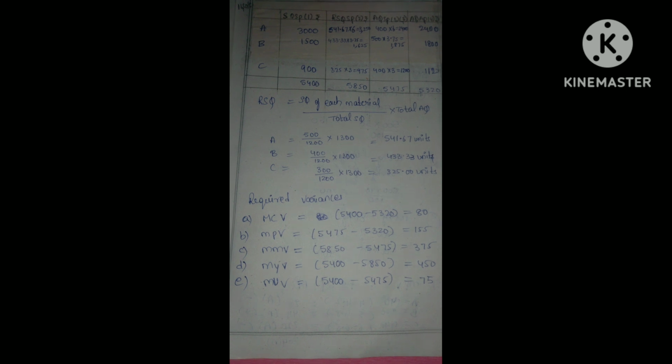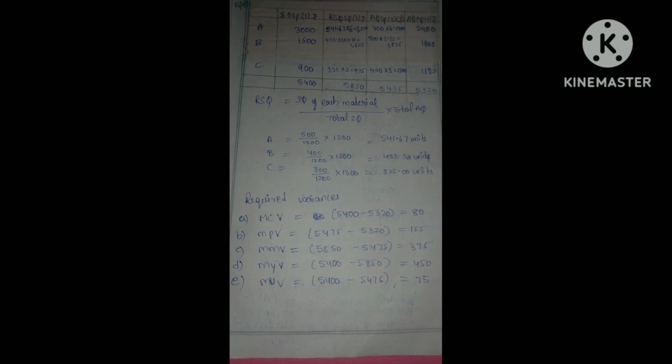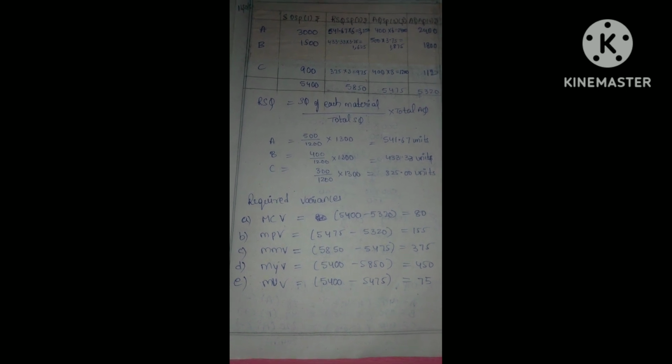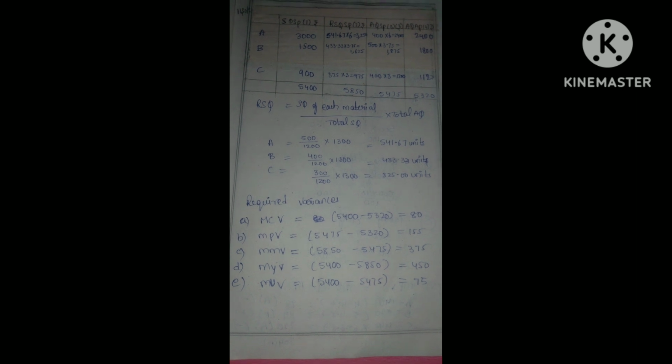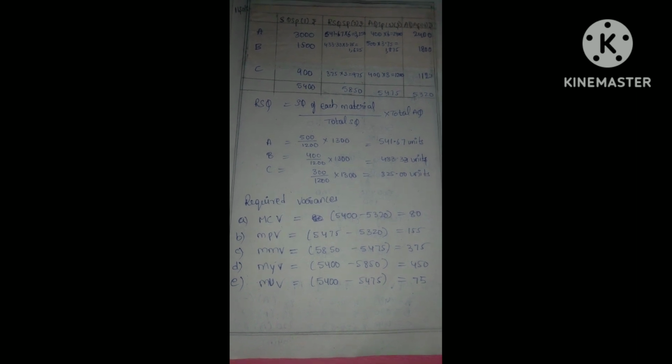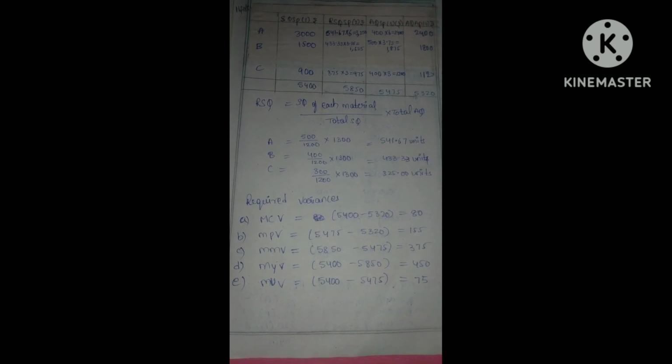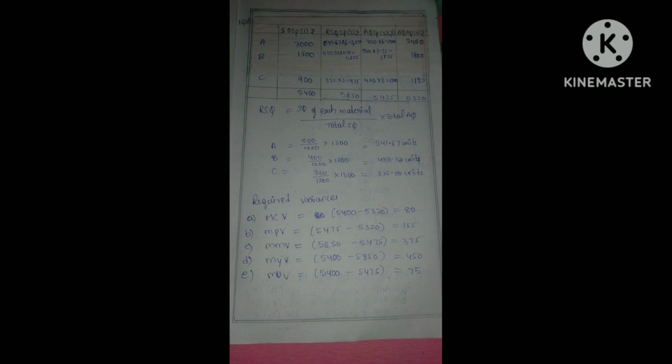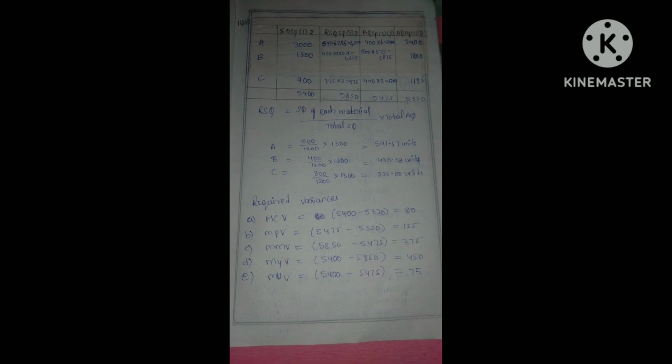The actual quantity of material A is 400 and the standard price is 6 rupees. So 400 into 6, we will get 2400. The actual quantity of material B is 500 and the standard price is 3.75. So by multiplying them, we will get 1875. And the actual quantity of material C is 400 and standard price is 3 rupees.